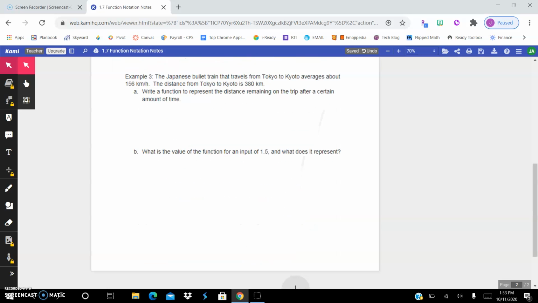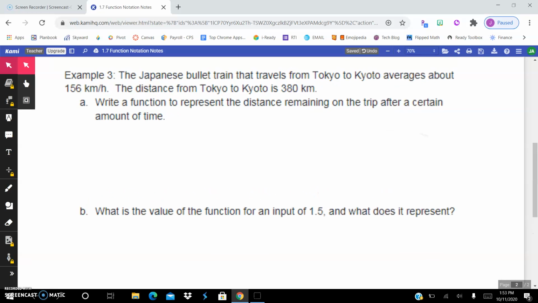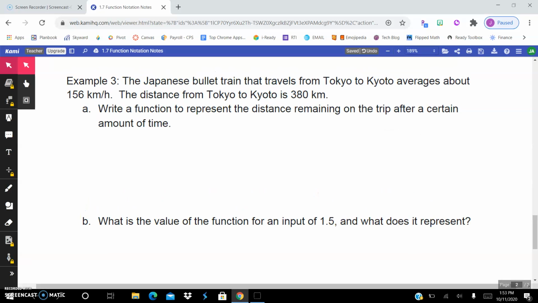All right, last example here. The Japanese bullet train that travels from Tokyo to Kyoto averages about 156 kilometers per hour. The distance from Tokyo to Kyoto is 380 kilometers. Part A wants us to write a function to represent the distance remaining on the trip after a certain amount of time.